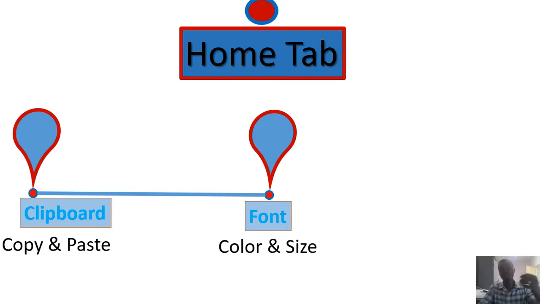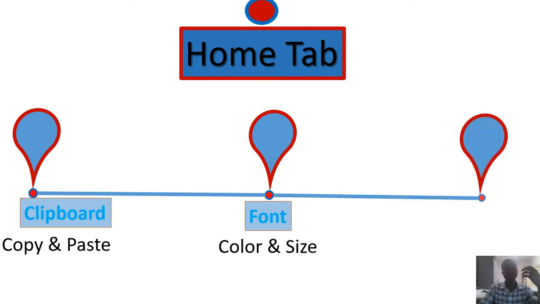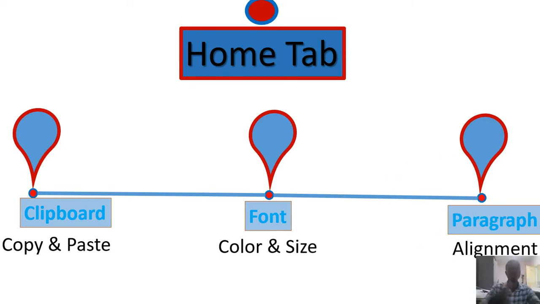Same applies to the size. And then we talk about paragraphing, which allows you to align the text to the right, to the center, or to the left. So that's text alignment. You can also align other objects that may exist within your slide.